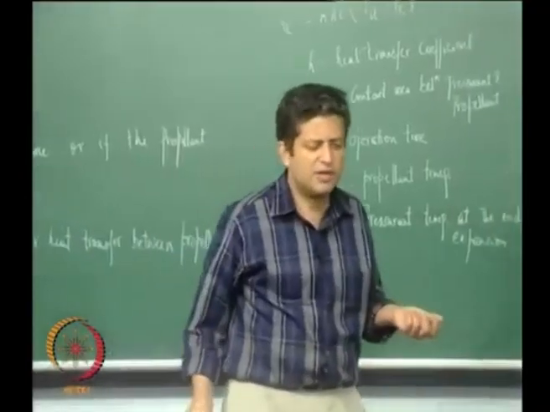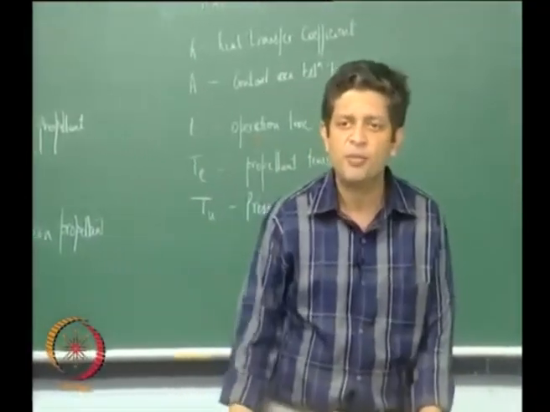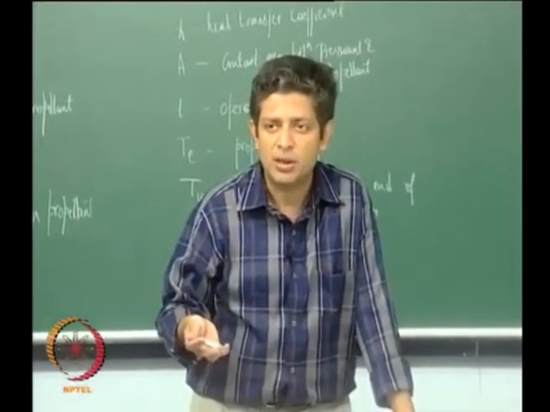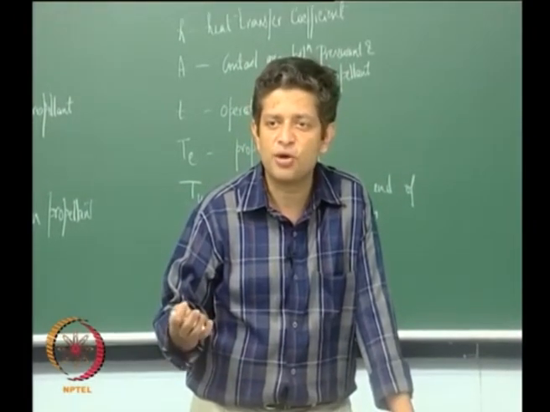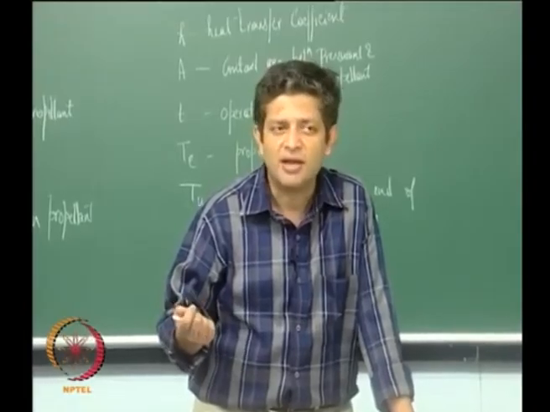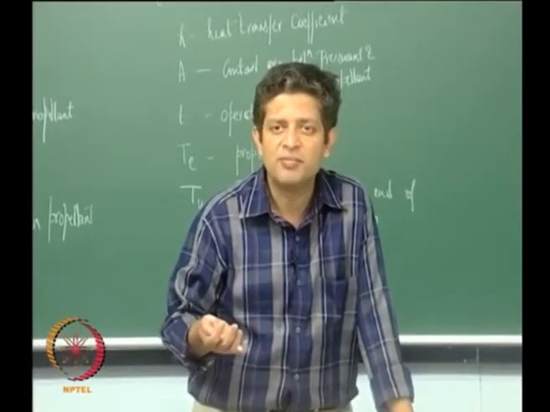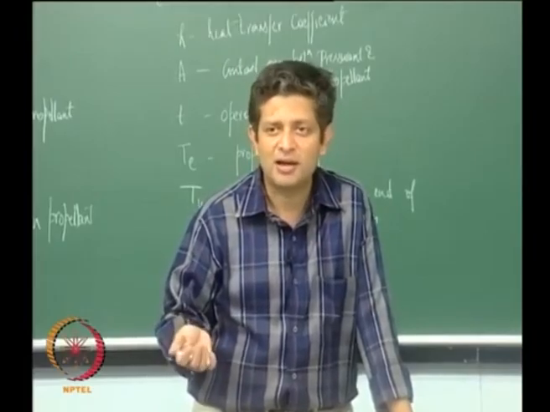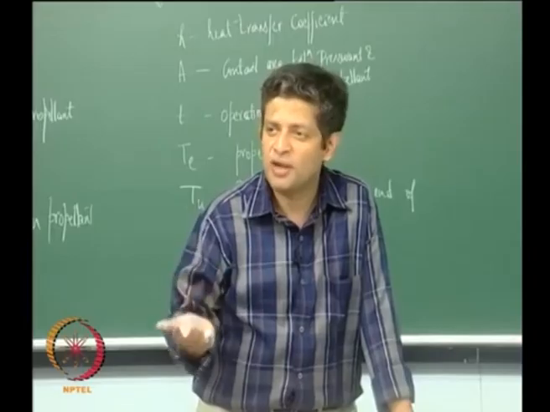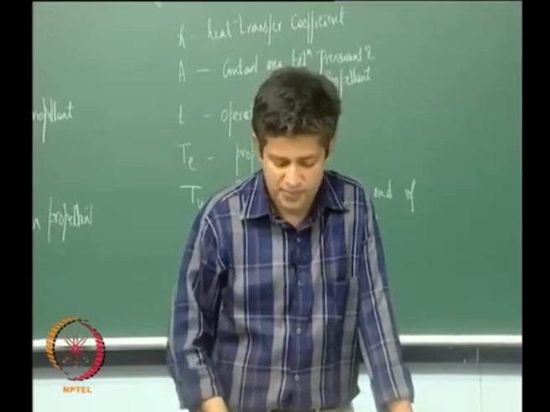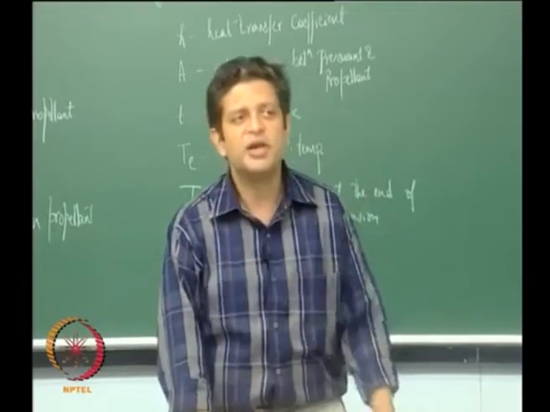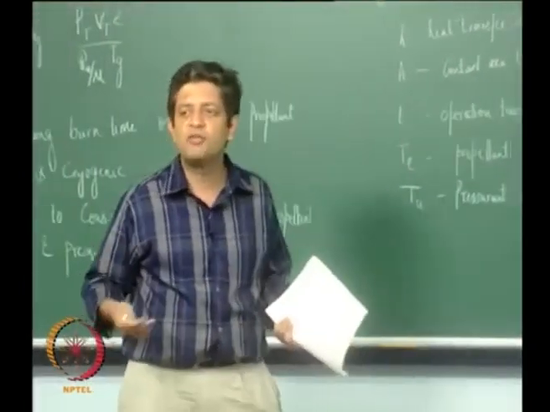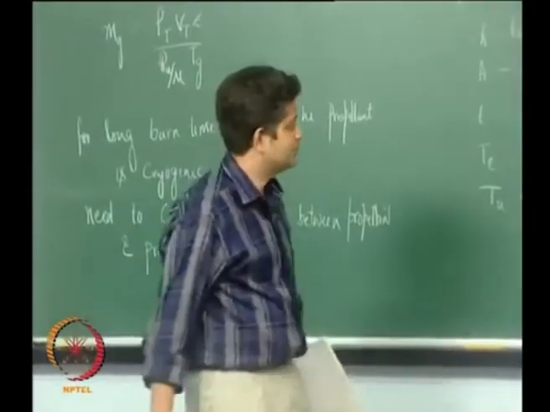Now if you are using liquid hydrogen or liquid oxygen, we need to be especially careful because TE can be very low. If it is liquid hydrogen, it is of the order of 20 Kelvin, and if it is liquid oxygen, it is of the order of 90 Kelvin. So very low temperatures, and because of which the propellant is going to evaporate, and therefore we need to find how much it has evaporated and suitably account for it in terms of the pressurant.